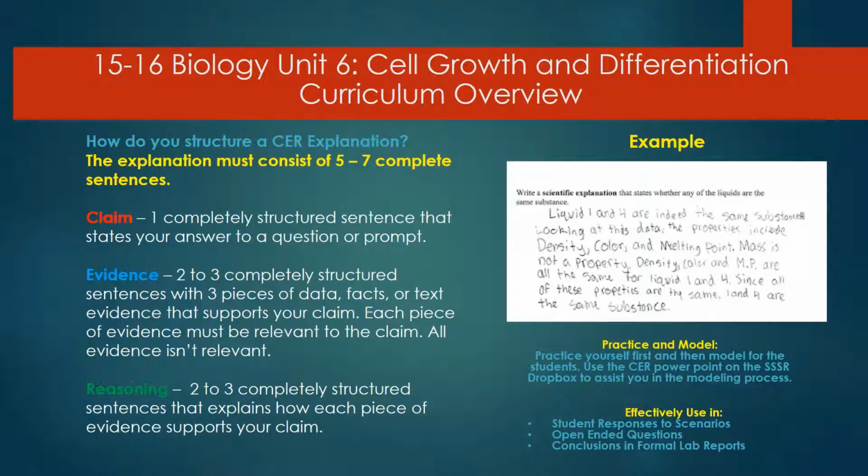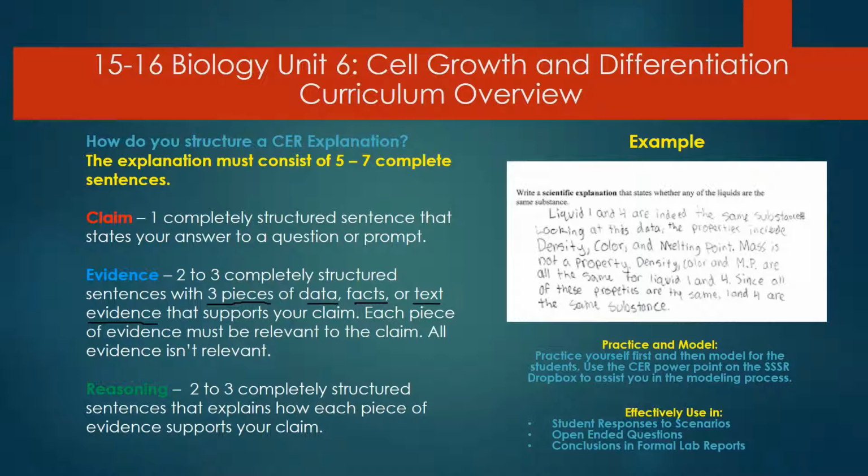Now I need to provide evidence to back up how I know that the bird flew out of the sky, hit the ground, and died. So for my claim, I would have one completely structured sentence that states my answer to that question or prompt. The evidence is 2 to 3 completely structured sentences with three pieces of data, facts, or text evidence that support the claim.